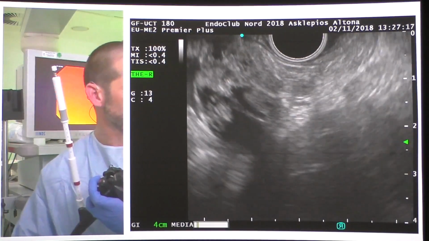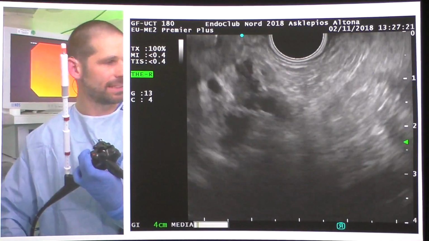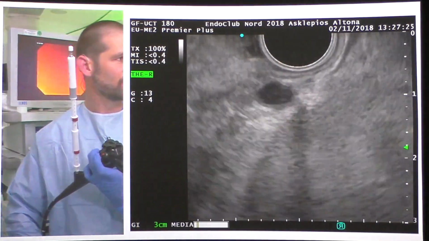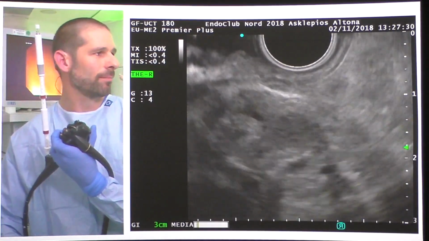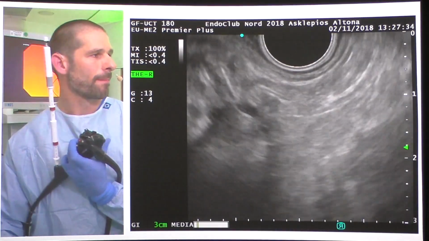I do not want to puncture anything. Now it's better again. Sometimes it's good to just hold on. And here you see the large lesion. Now we move back to the spleen. That's exactly the problem, that I need a stable position.